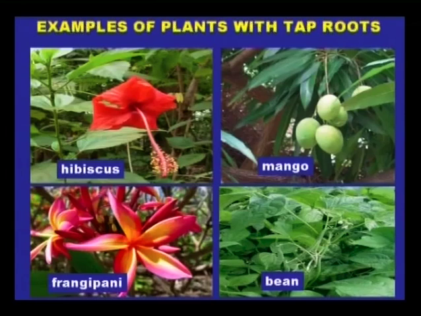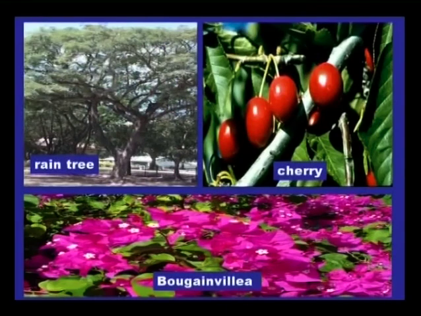Examples of plants with taproots include hibiscus, mango, frangipani, bean, rain tree, cherry, or bougainvillea. These are all examples of taproot, or examples of plants which are called dicotyledons.